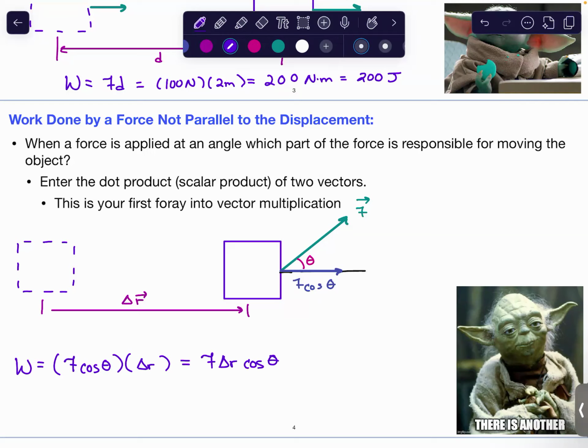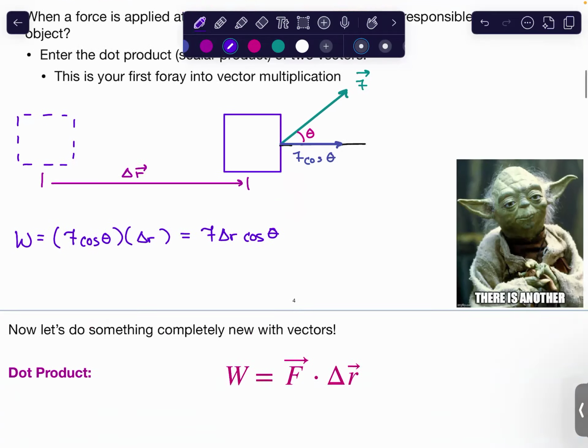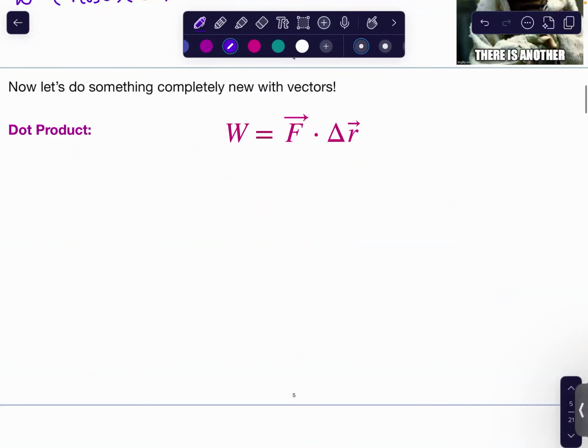And it just so happens that we've ended up on one of the definitions of the dot product. So now we can start talking about it. This is the generalized form of what work looks like, F dot delta R. Sorry, not dr, we're not working with differentials.